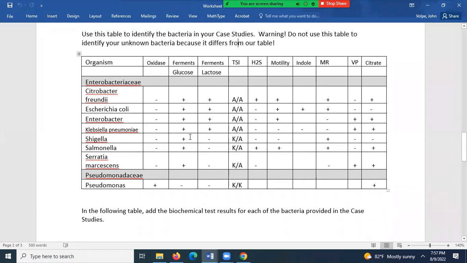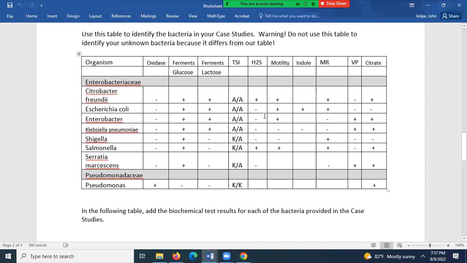If you have Enterobacteriaceae, Citrobacter freundii, you'll look at the oxidase test as negative, glucose fermentation positive, lactose fermentation positive, triple sugar iron A over A, hydrogen sulfide production positive, motility positive, indole test not done, methyl red positive, VP negative, citrate positive.